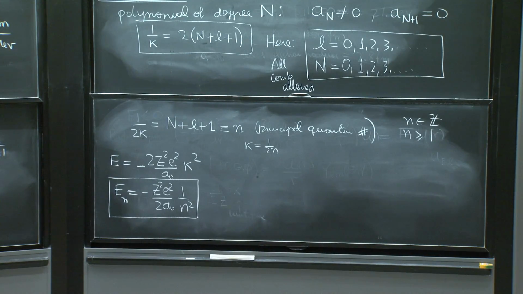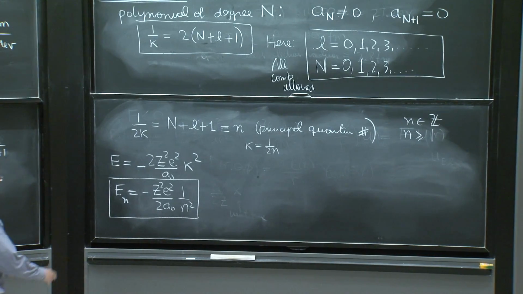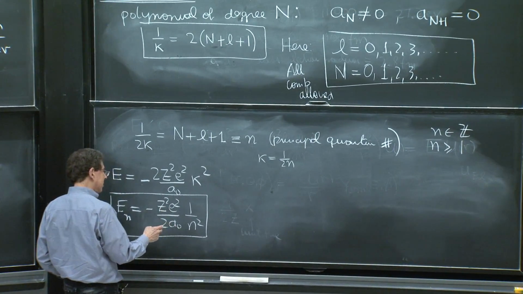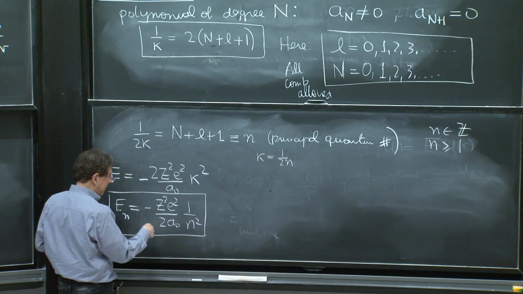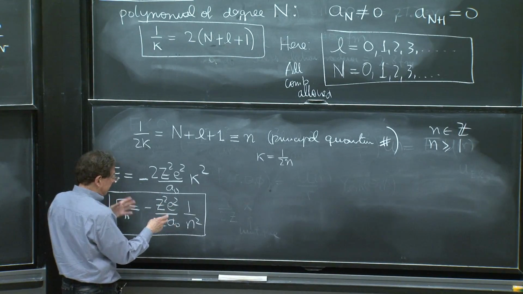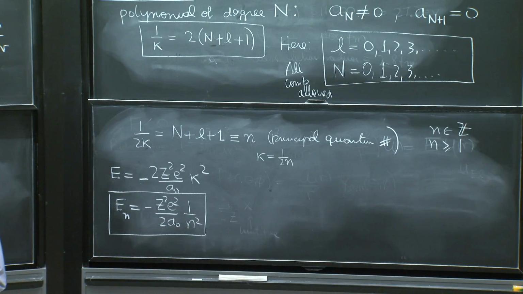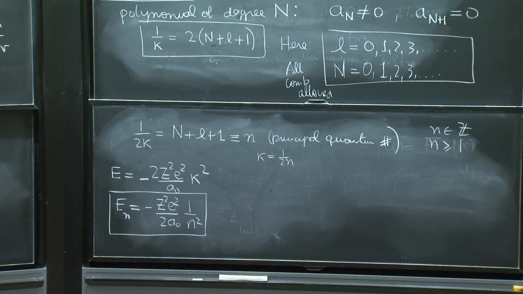The units are nice. For z equals 1, there's the e squared over 2a0 that we mentioned a little while ago as giving you the characteristic energy, and e squared over a0 was 27.2 eV, and therefore e squared over 2a0 is the famous 13.6 eV.